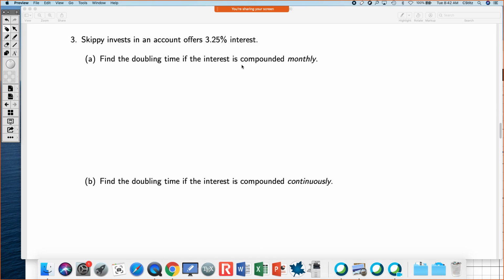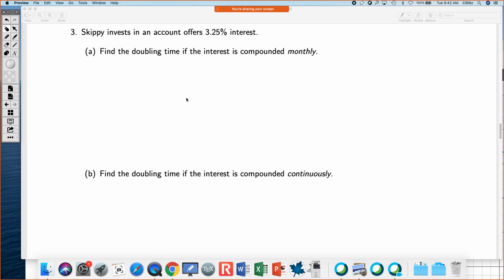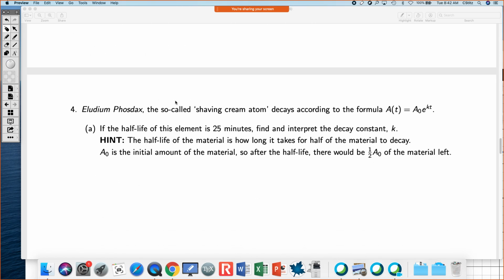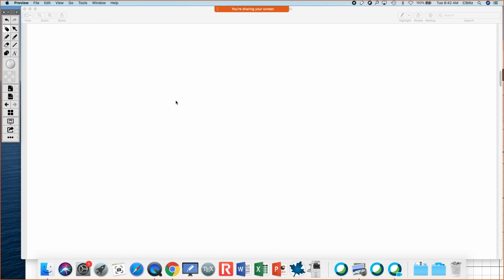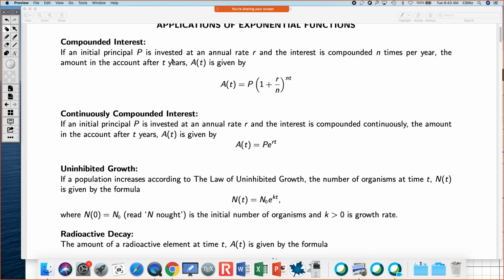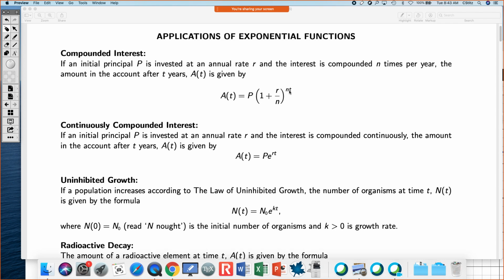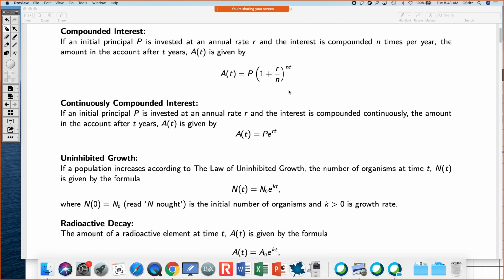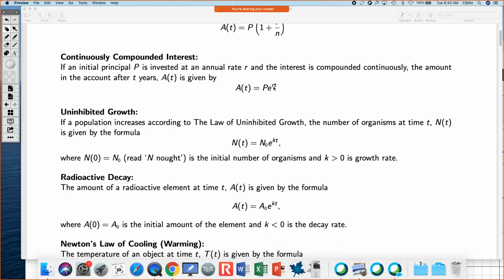The shorter the doubling time is, the faster you get more money. Okay. So that's compound interest, compounded a finite many times a year, N, versus compounded all the time.